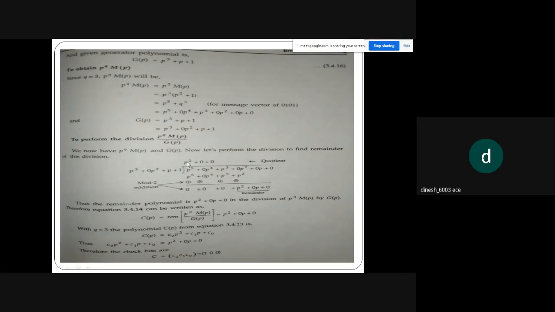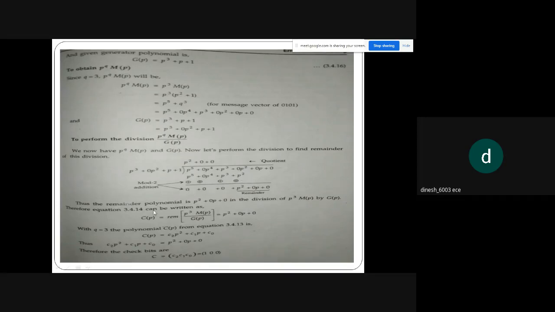So multiply that p square into p cube: the first term gives p power 5, the second gives p power 4, the third gives p cube, and the next, which is 1, gives p square. So we get p cube into p square is p power 5, next is 0 p power 4, next is p cube plus p square.